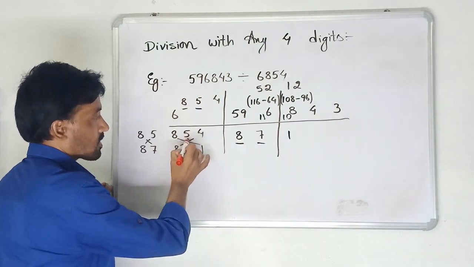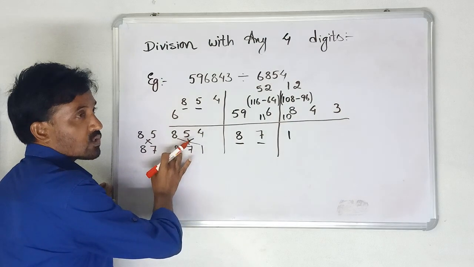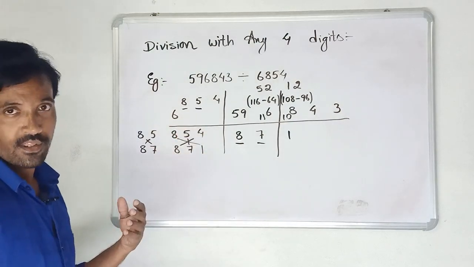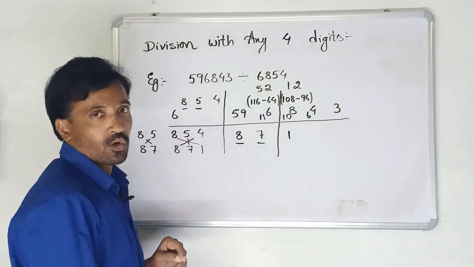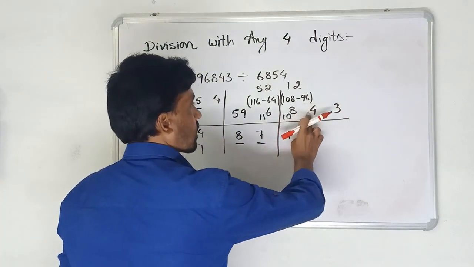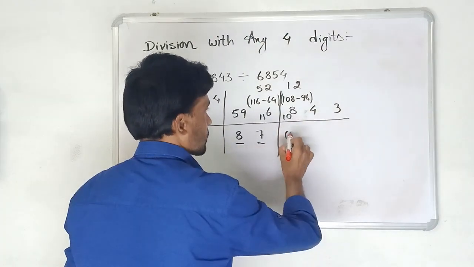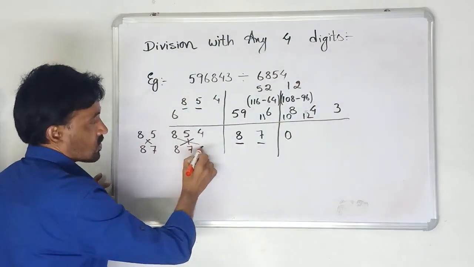Do cross multiplication like this: 8 times 1 is 8, plus 4 times 8 is 32, giving 40, plus 5 times 7 is 35, giving 75. Here we have only 6. Is it possible to take it? No. So it is to be reduced again to 0. Now 12 is directly taken, and here I take 0.